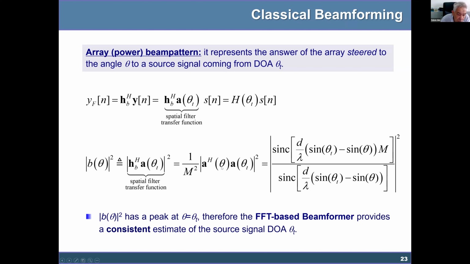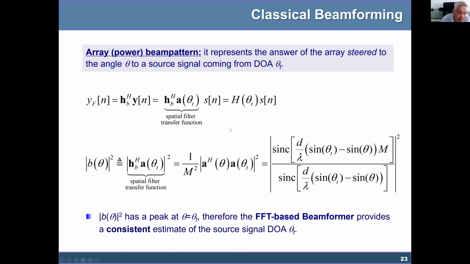So if you want to point the beam in direction theta, you have to build a spatial filter with impulse response matched, so proportional to the array response calculated at the pointing angle theta.